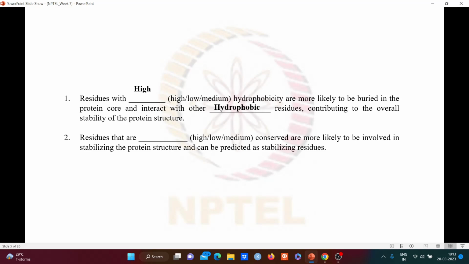So the second question is, residues with what conservation level are more likely to be involved in stabilizing the protein structure and can be predicted as stabilizing residues?